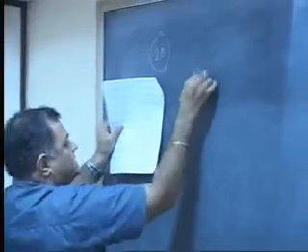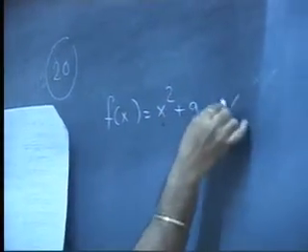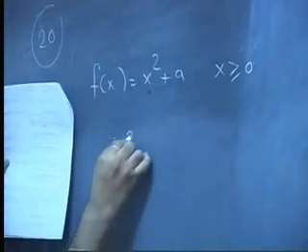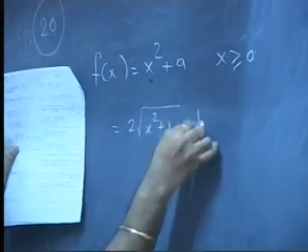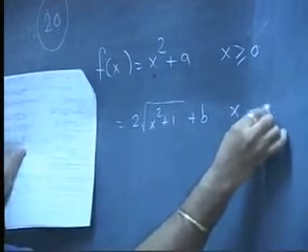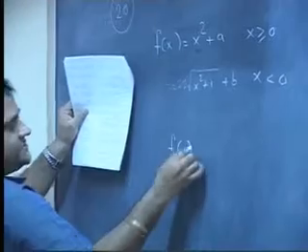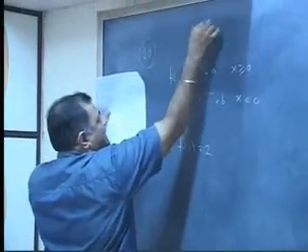Function is being given as x square plus 8 for x greater than or equal to 0, 2 root of x square plus 1 plus b for x less than 0, where f of 1 is being given as 2. We are supposed to find out the value of a and b.